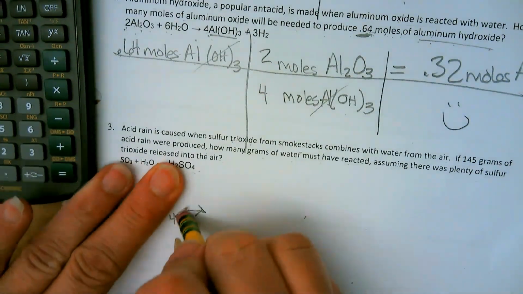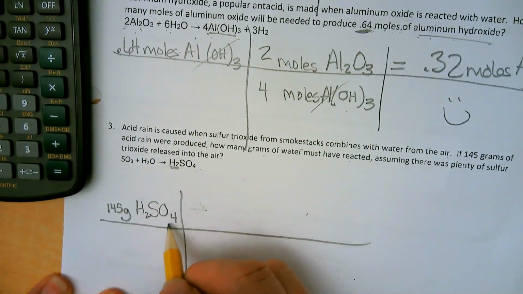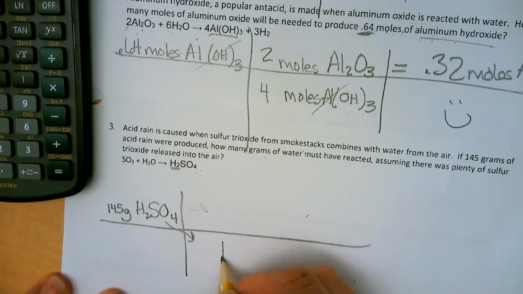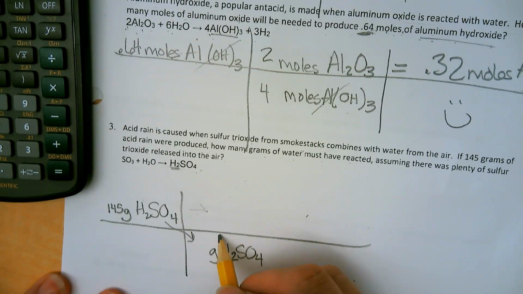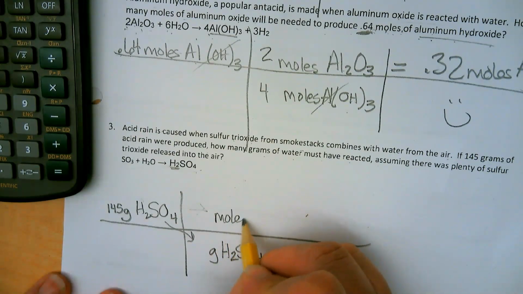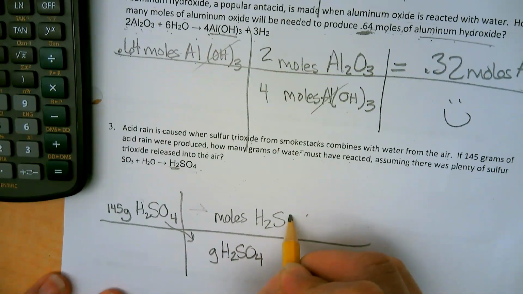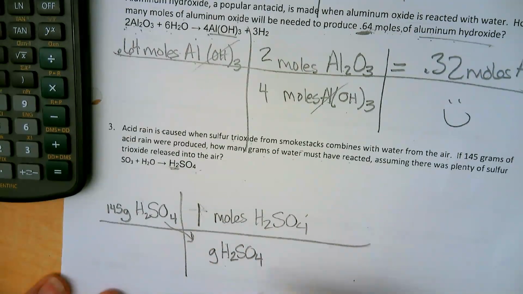Oh wait, what am I doing, silly? Do the same thing we always do. Get rid of what we have. Grams of H2SO4. And where are we going to go? We're going to Moleville. And since it's moles with something else, it's 1 mole.